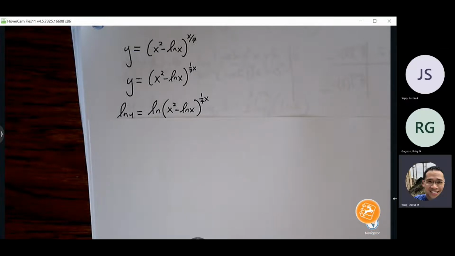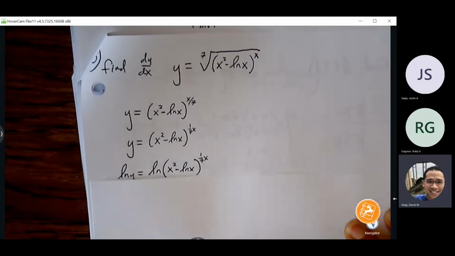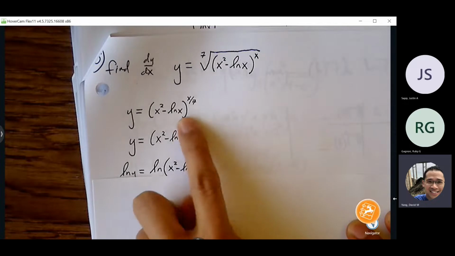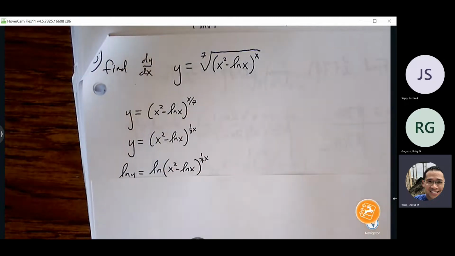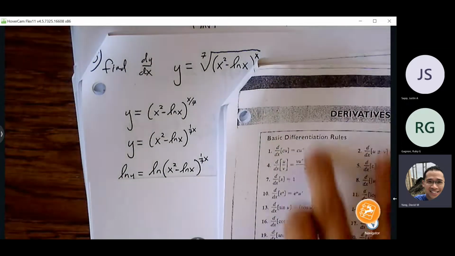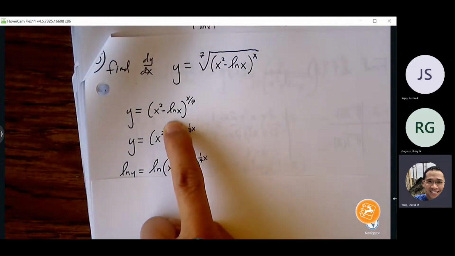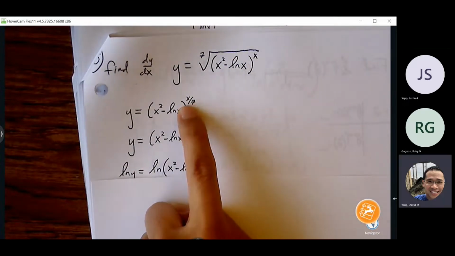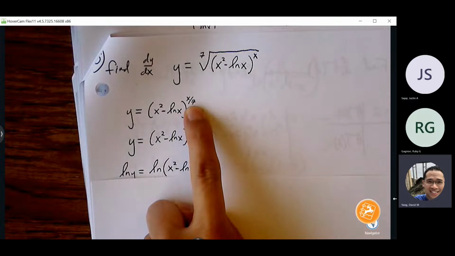Okay, how to know when to add the ln? We add natural log when we're looking at a problem and we realize that there's no rules that match this problem. Right? This is not power rule. This is not exponential rule. This is a variable raised to a variable.